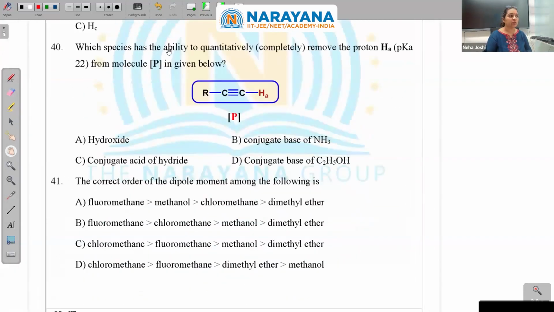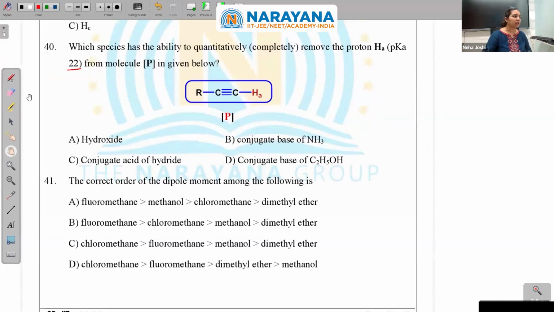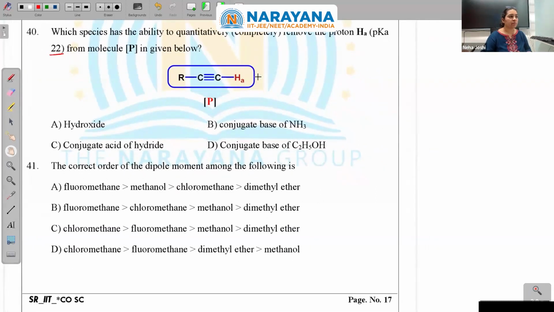Question number 40. Which species has the ability to quantitatively, completely remove the proton HA from this particular molecule whose pKa is given to be 22? Okay, so now if I talk of pKa 22, as we have discussed, we have to compare relative products.